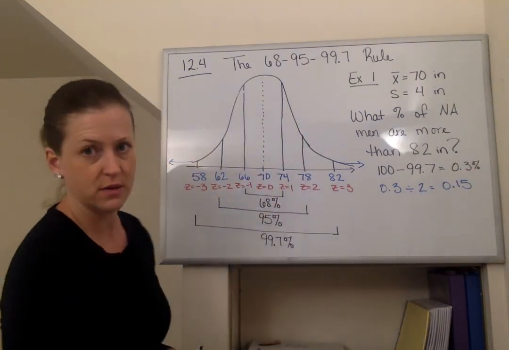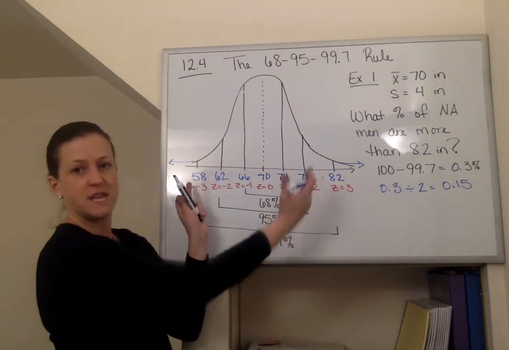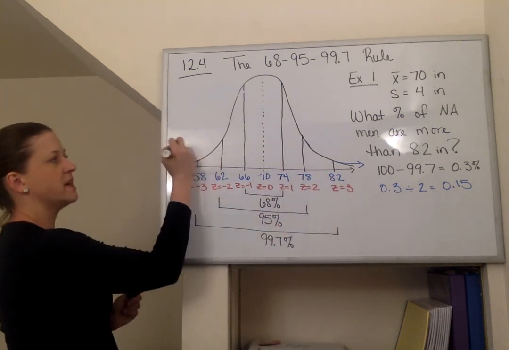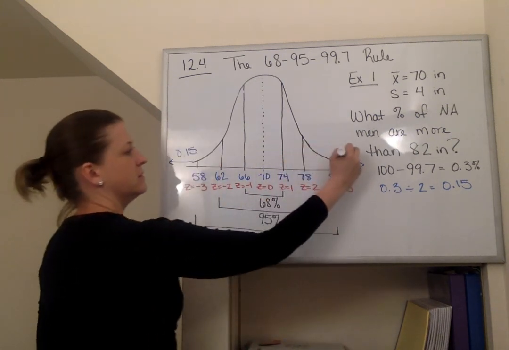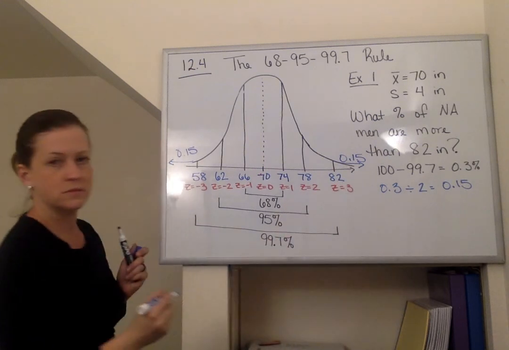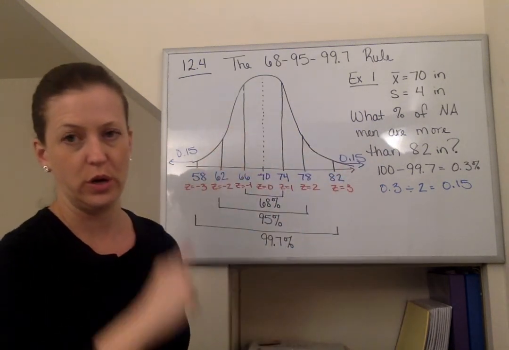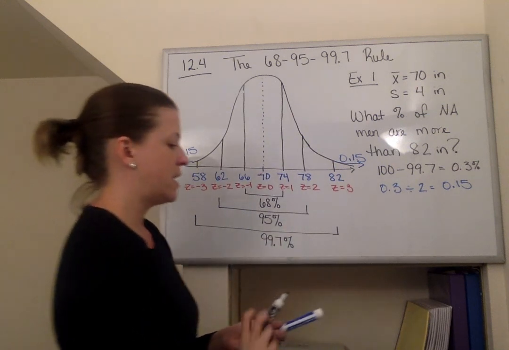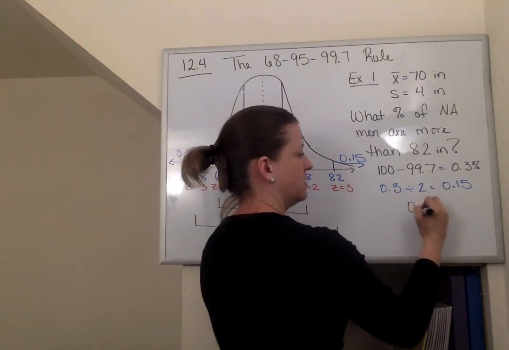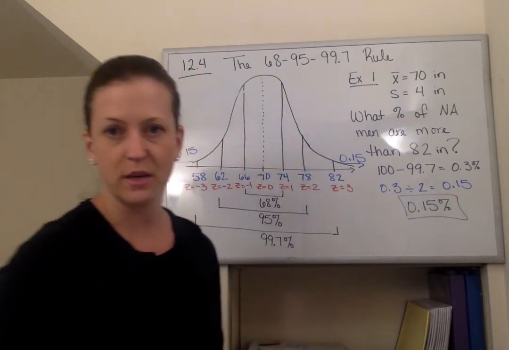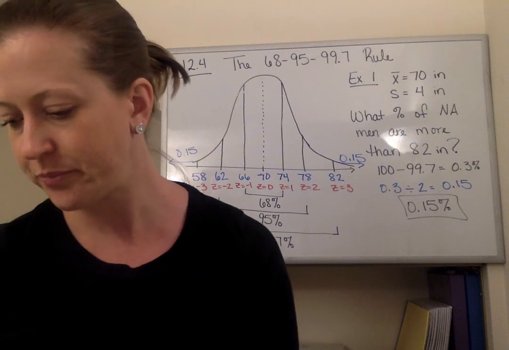It's 0.15. So that leaves 0.15 on each tail, which would then add up to your total 100%. Okay, so your answer for this one would be 0.15%, not very much at all.